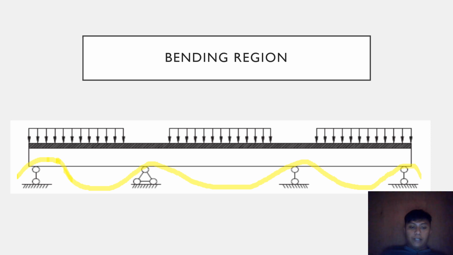So this part is negative bending, positive bending, negative bending, positive bending, negative bending, positive bending, and negative bending. I know this is very familiar to us from the start of strength of materials, where we deal with these particular moments, especially in the shear and moment diagrams.